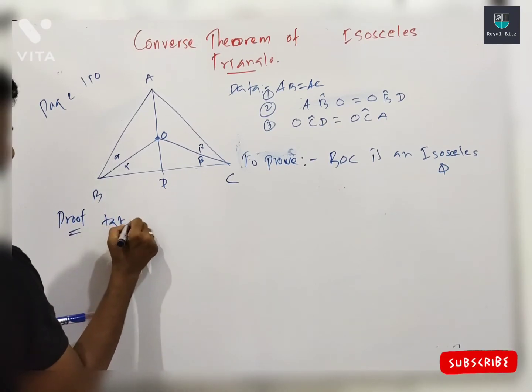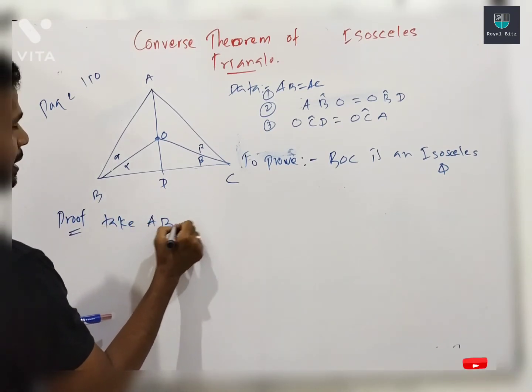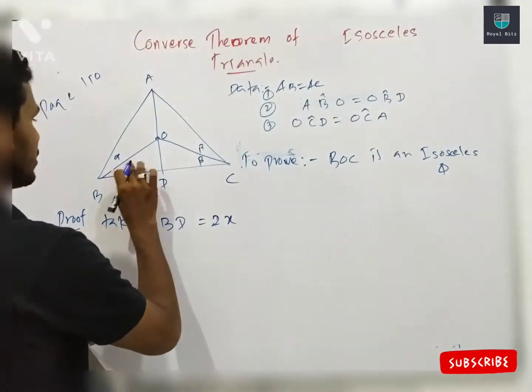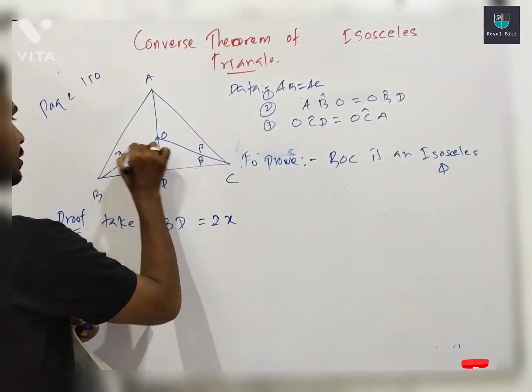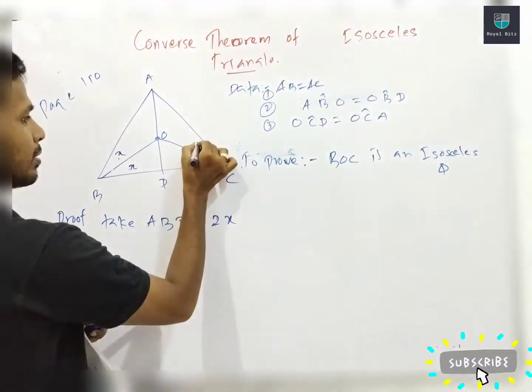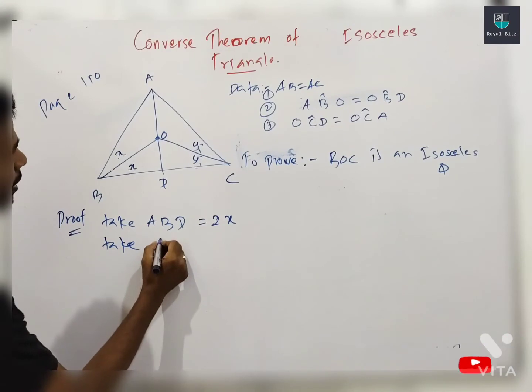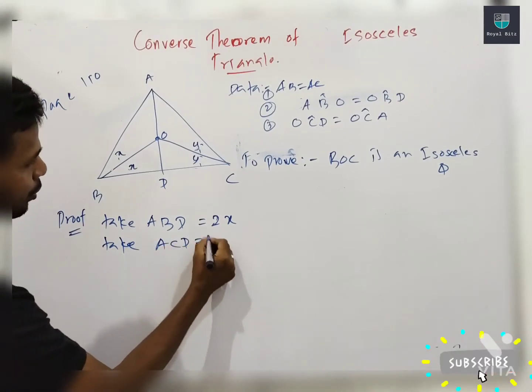Take ABD is equal to 2x. Again take ACD is equal to 2y.